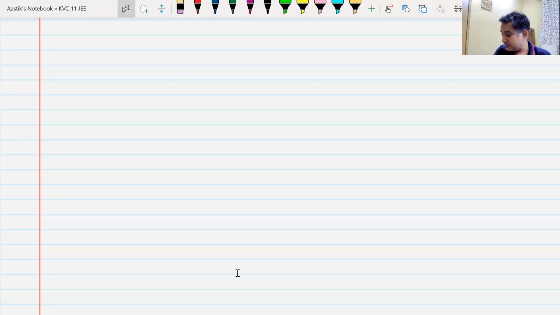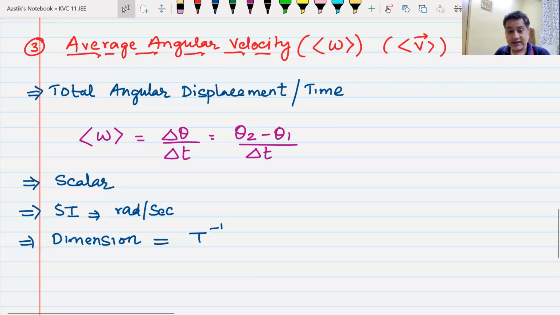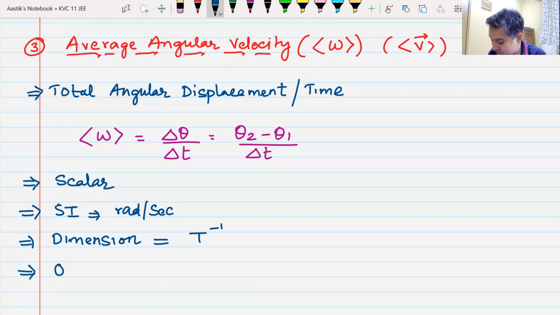Let me give you one more point. This average angular velocity is always calculated over an interval of time, between A to B, between T1 to T2.